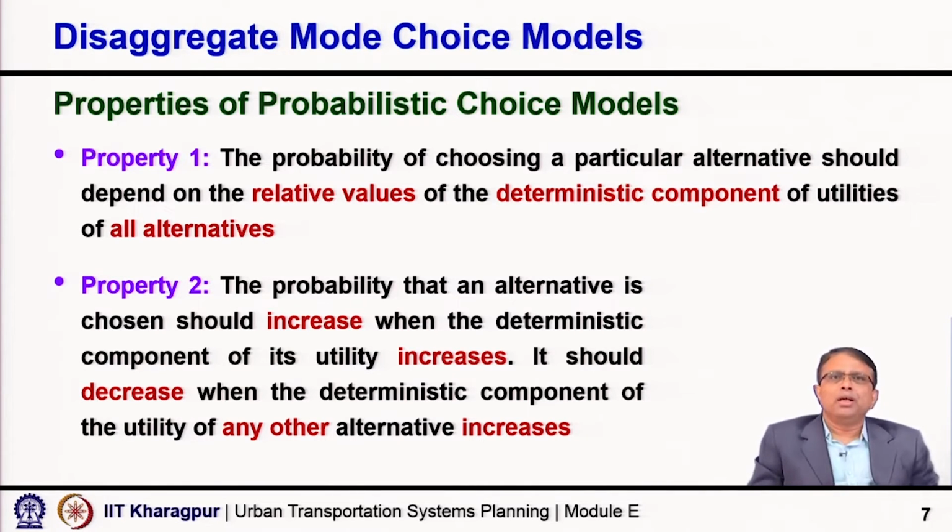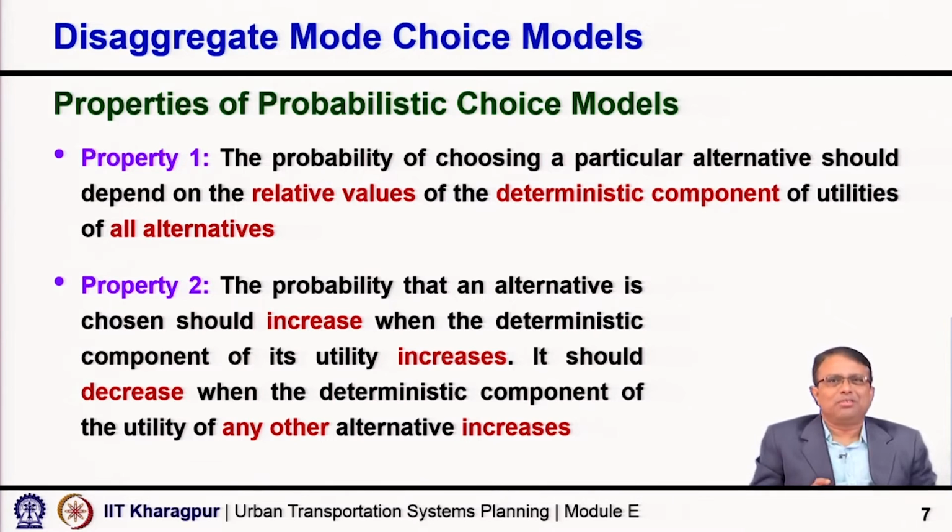Property 2: the probability that an alternative is chosen should increase when the deterministic component of its utility increases. This in a way we have shown you in our previous lecture.